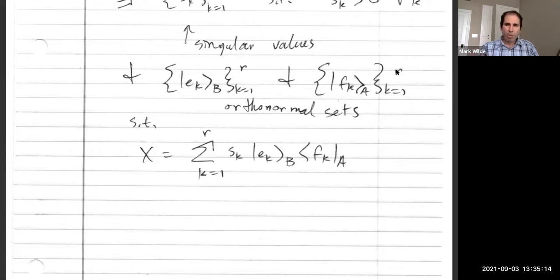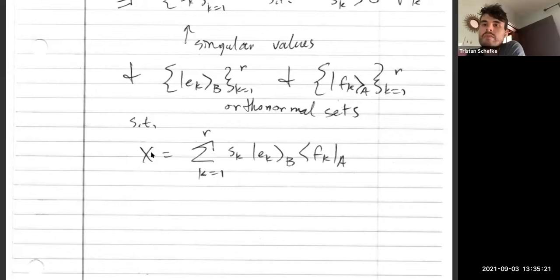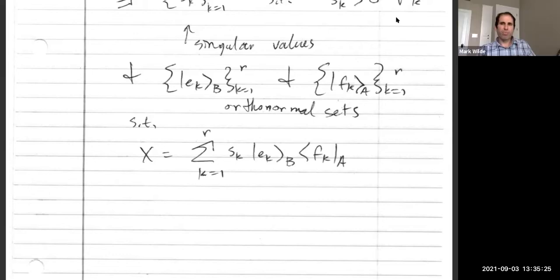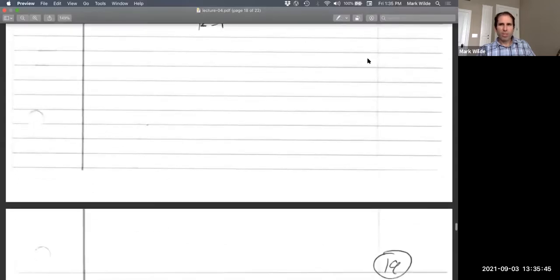Anyway, so suppose that the rank is equal to the dimension of the input Hilbert space. Then you could do a calculation to verify that X dagger X will be the identity on the input Hilbert space. If the dimension of B is the same as the dimension of A, then Tristan, indeed you're correct. It would be a unitary matrix. Good.